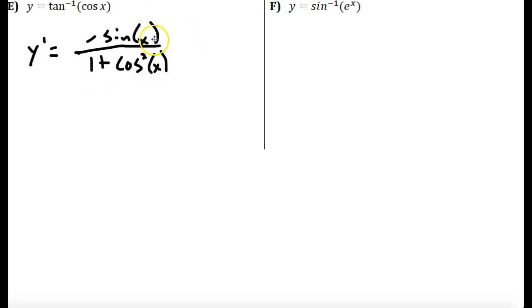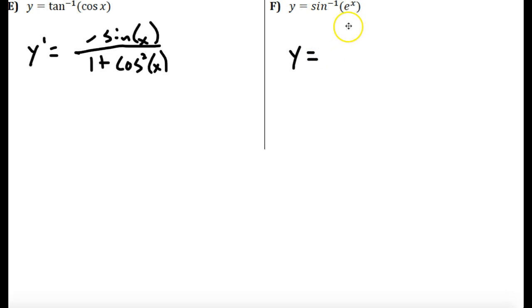I mean, we could do some kind of trig substitutions or manipulations here. We could use a Pythagorean identity or all kinds of different things here, but I'm just going to leave our answer like that. Then here in F, y equals inverse sine of e to the x.